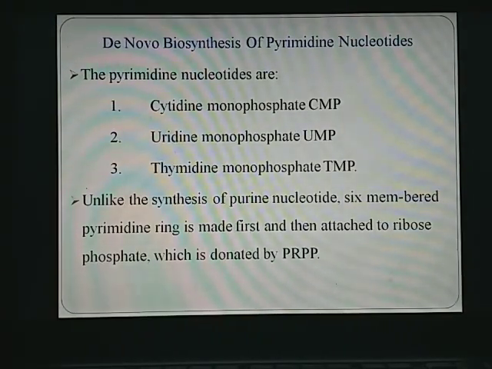Then de novo biosynthesis of pyrimidine nucleotides. The pyrimidine nucleotides are cytidine monophosphate, uridine monophosphate, and thymidine monophosphate.